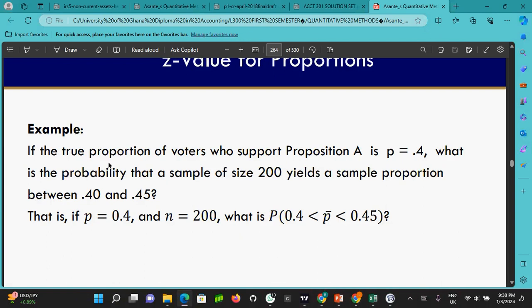If the true proportion of voters who support proposition A is 0.4, meaning the probability of success, what is the probability that a sample size of 200 yields a sample proportion between 0.4 and 0.5? First of all, you solve for the standard deviation, which I always say to do first.